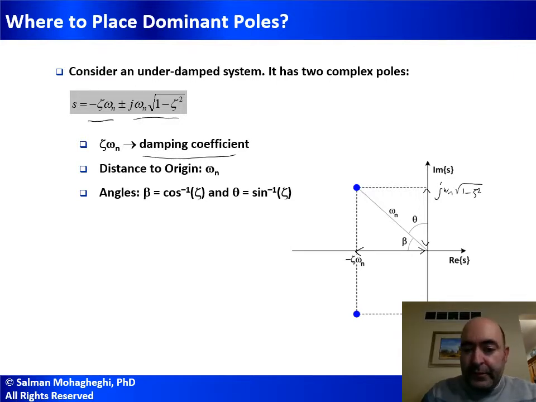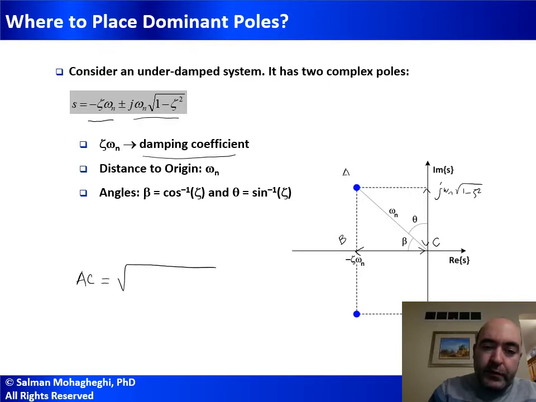And you're going to have a negative value of it here at the bottom, which actually my picture is overlapping on that. If I look into this triangle, the triangle that I'm denoting as ABC, AC is going to be square root of AB squared plus BC squared.